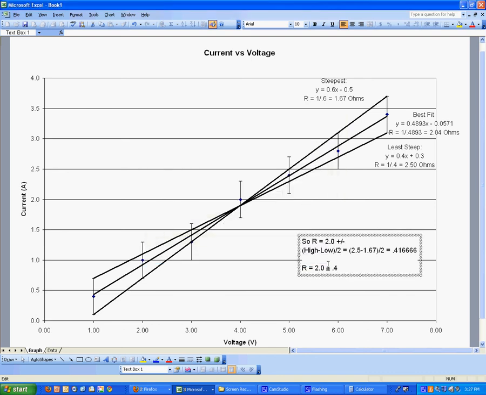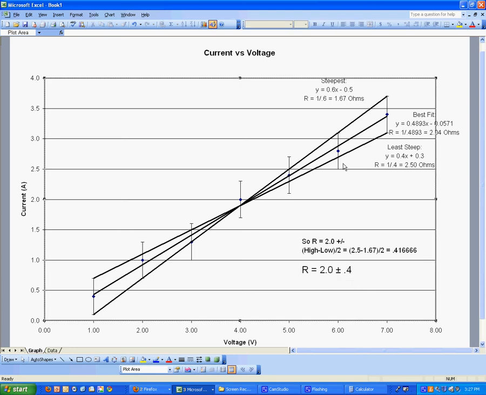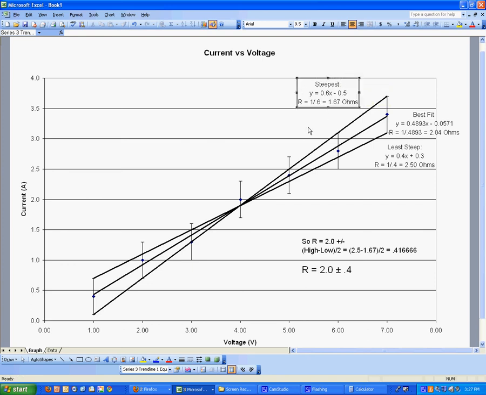Okay, and the reason that we have to say 2.0 is that the uncertainty is in the tenths place, and so we can say the tenths place, but certainly it would be silly to say 2.04 plus or minus 0.4, because 0.4 would be so much more than 4 hundredths, right? So there is our answer. Let's make that really big. Okay, so that's essentially how you can do this with Excel. Now, I did ask you to do it by hand, but certainly the Wire Lab you could do it this way. I hope that helps.